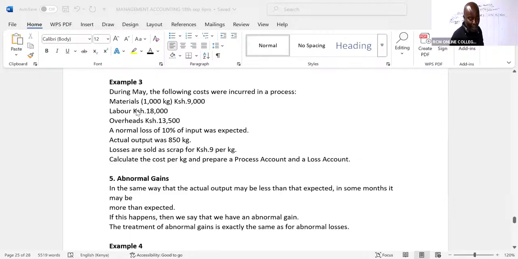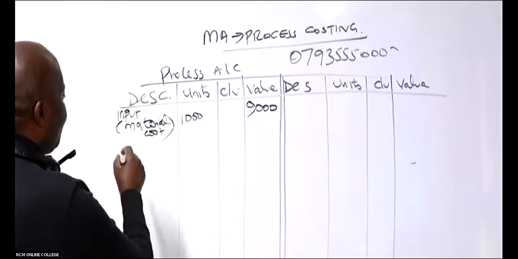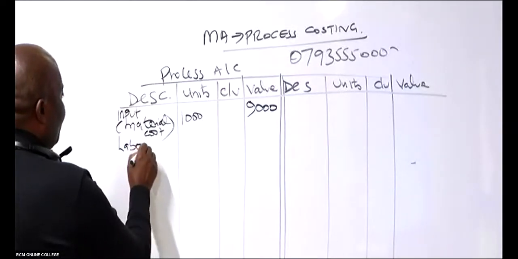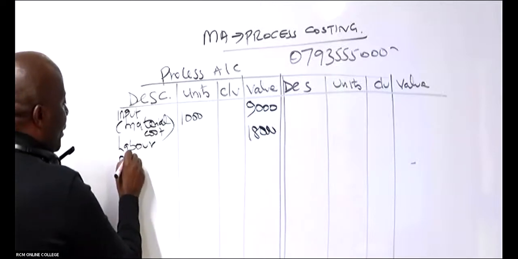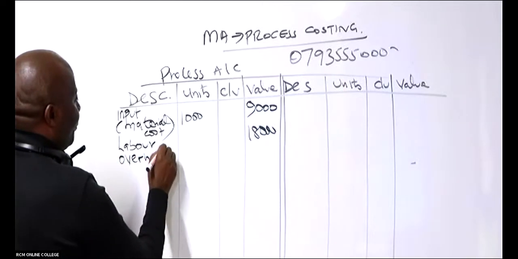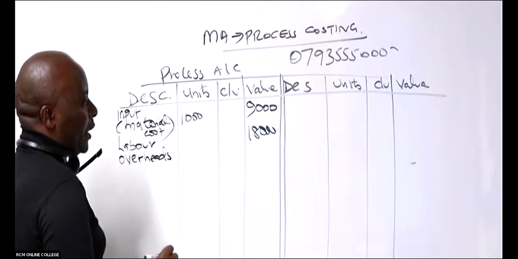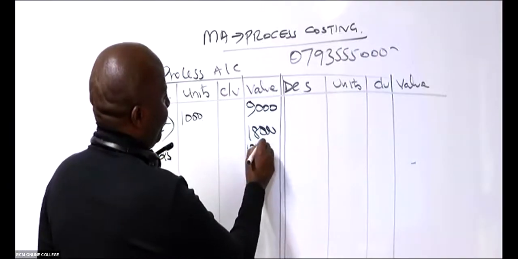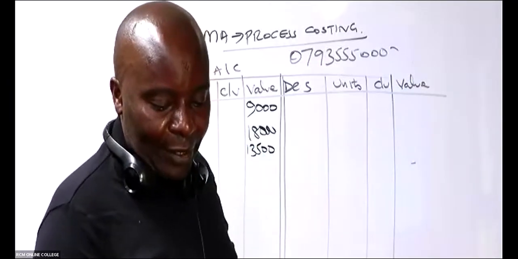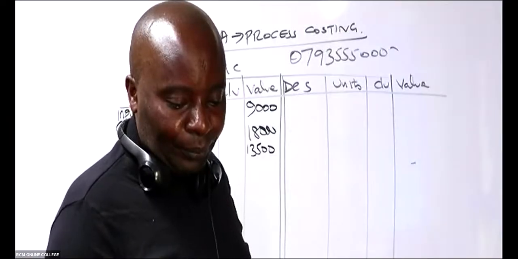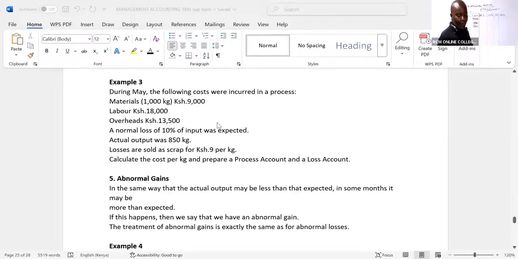So you can see labor is 18,000, and overheads is 13,500.